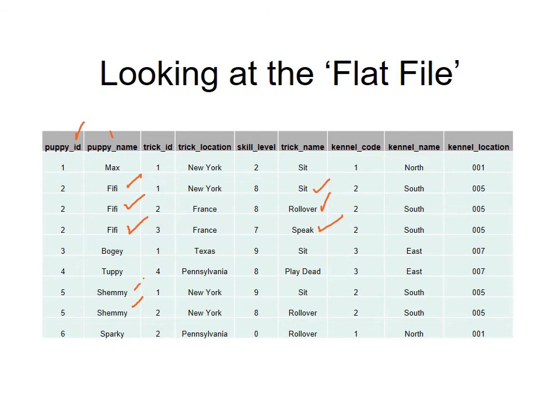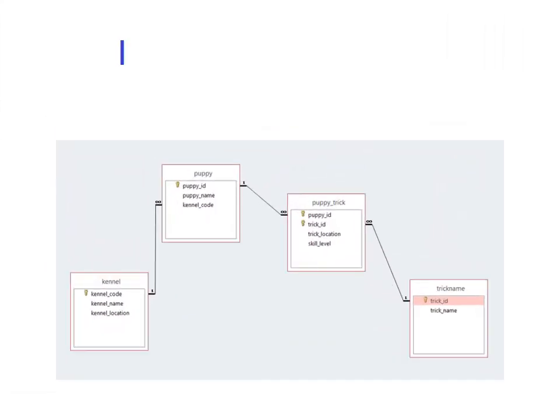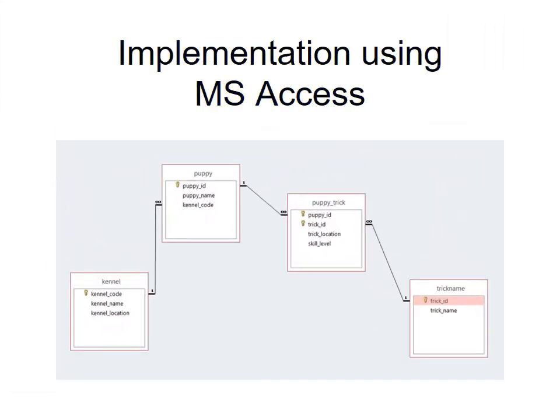So if we were to take the normalized model that we just came up with, we could actually implement it utilizing Microsoft Access as an example. And the ERD, the entity relationship diagram, would look something like this. You'll see that we have the kennel table, we have the puppy table, a puppy trick table, and a trick name table.